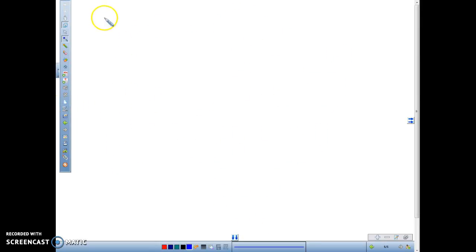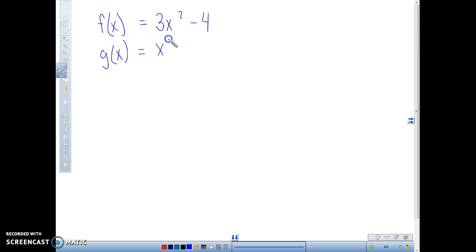Okay, so let's do another one. Let's change our function. Our function this time is going to be 3x squared minus 4. And our g of x function is going to be x squared minus 8x plus 4. So let's add them. So f plus g of x.